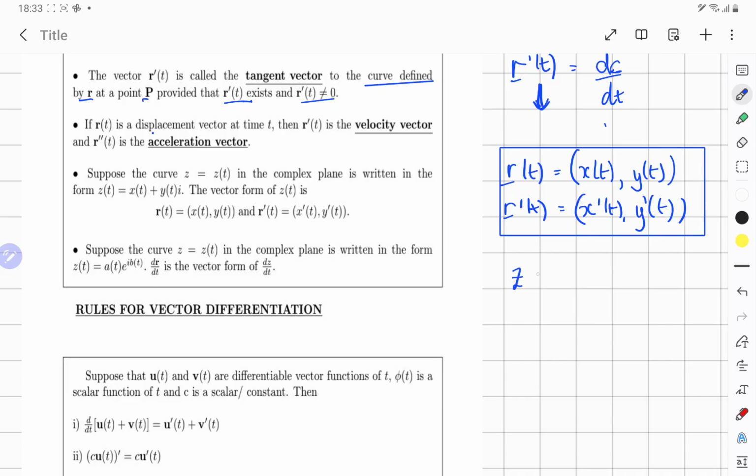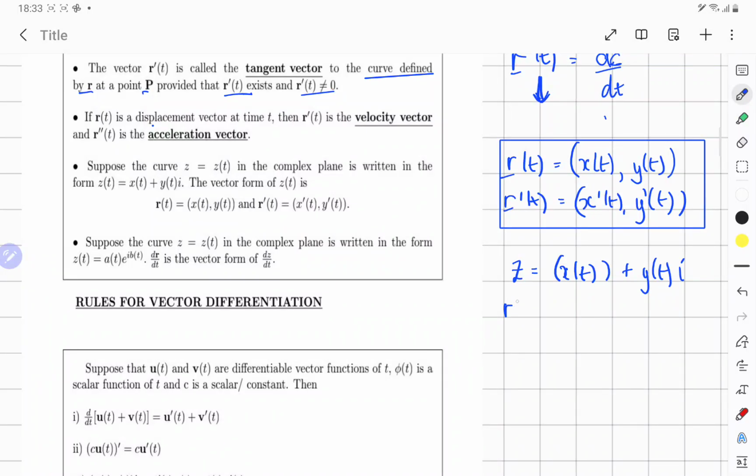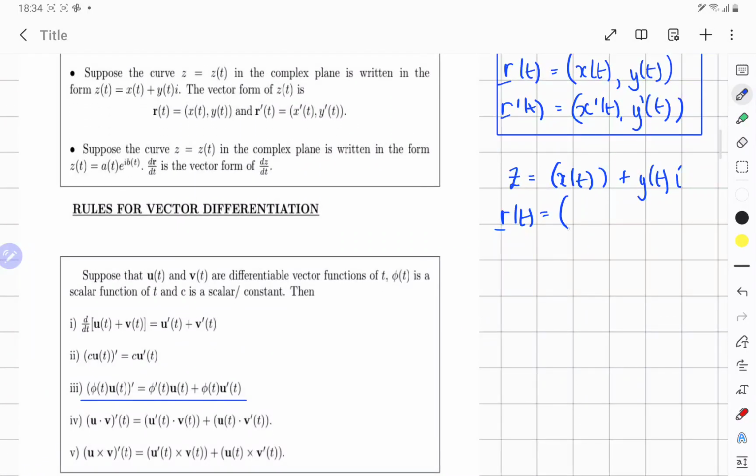If I get my z in terms of a complex number, so x(t) plus y(t)i, remember we change it to a vector. Since we're doing vector calculus, our x component will be x(t), so our x component is the real part, our y component the imaginary part.